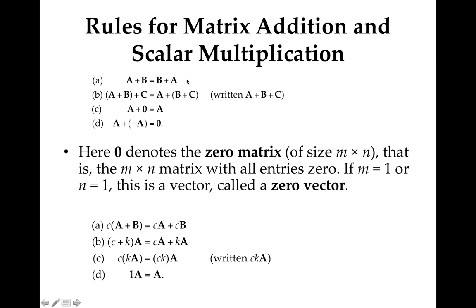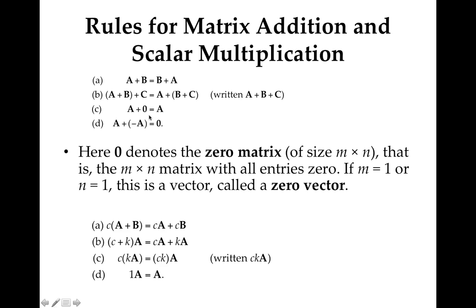So some simple rules, very similar to algebraic rules for matrix addition and scalar multiplication, just summarized here, very similar to the basic rules of algebra, the distributive property. Here in part c of the first set of rules, this 0 denotes the zero matrix.